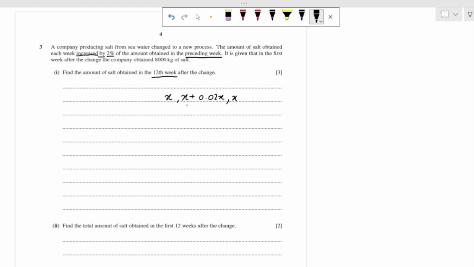We could also have simplified this as 1.02x. And now you take 2% of it and add that, and that would be something like 1.0404x. So you can see we're getting some sort of a progression.